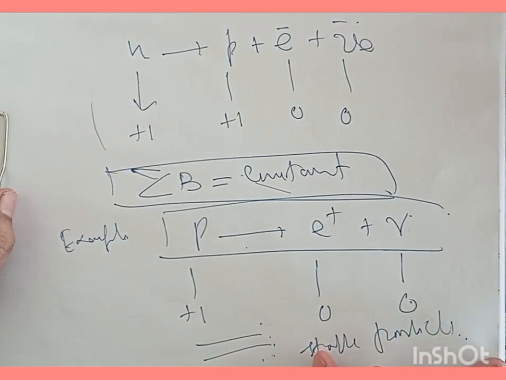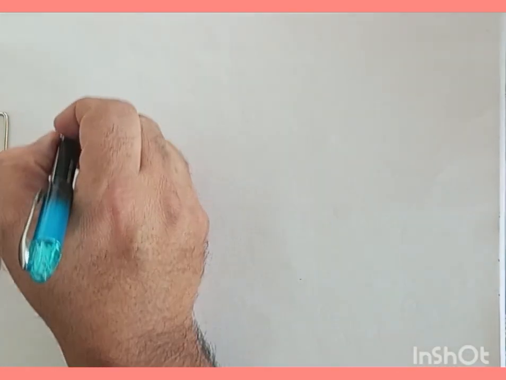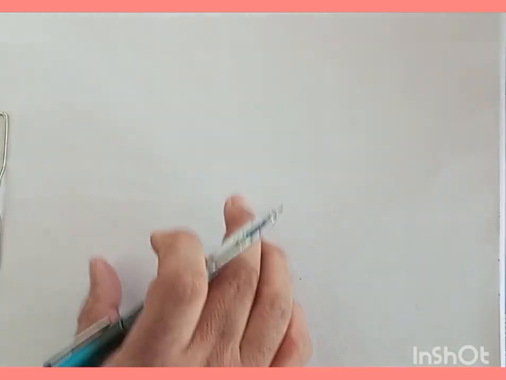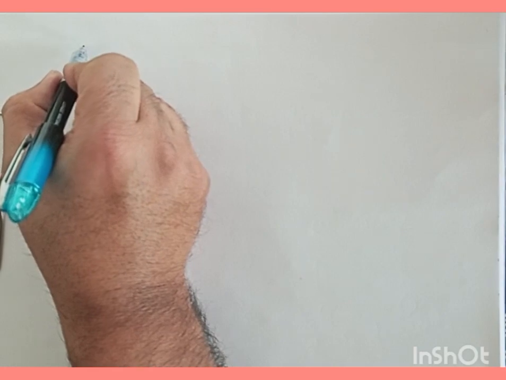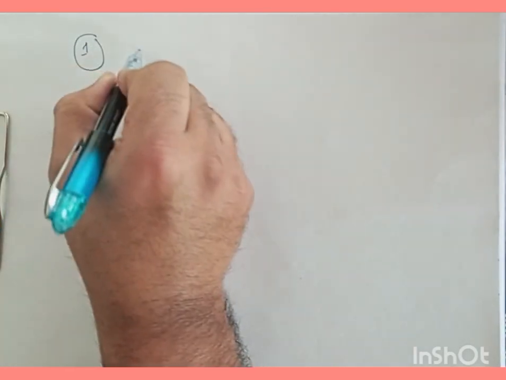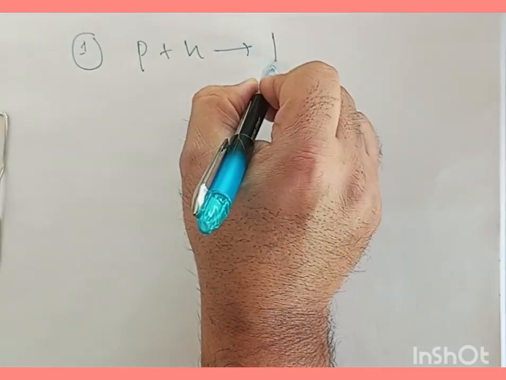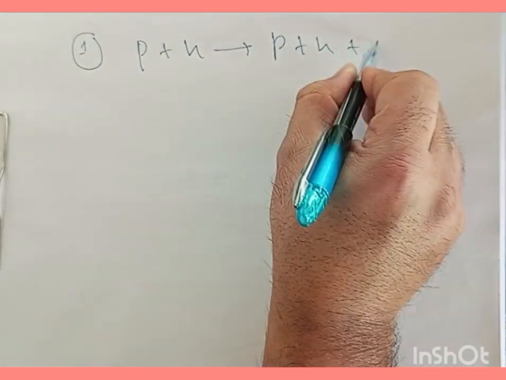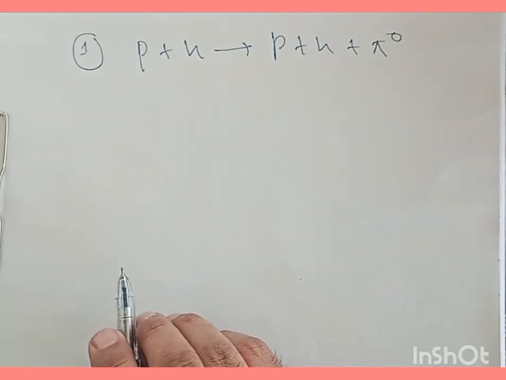Now, let's take some examples where we can check the conservation of baryon number. Let me take the first one: proton plus neutron, giving proton plus neutron plus pi neutral.